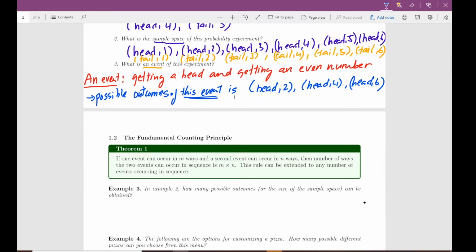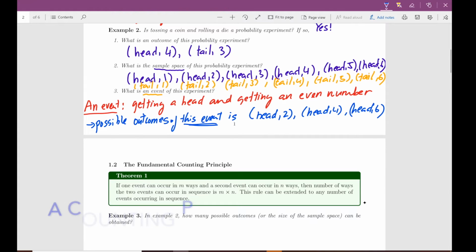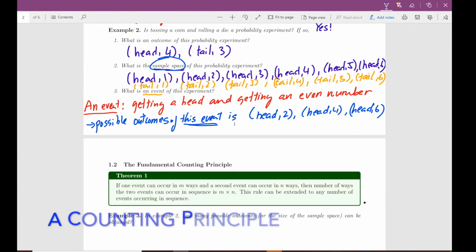Now we can talk about the fundamental counting principle. The reason why we want to talk about this principle is this principle will help you find the size of the sample space, which is all the possible outcomes of an experiment. Because this information will be very helpful when later on you try to find the probability of getting a head and getting an even number, using the total possible outcomes of the event and the total possible outcomes of the experiment.